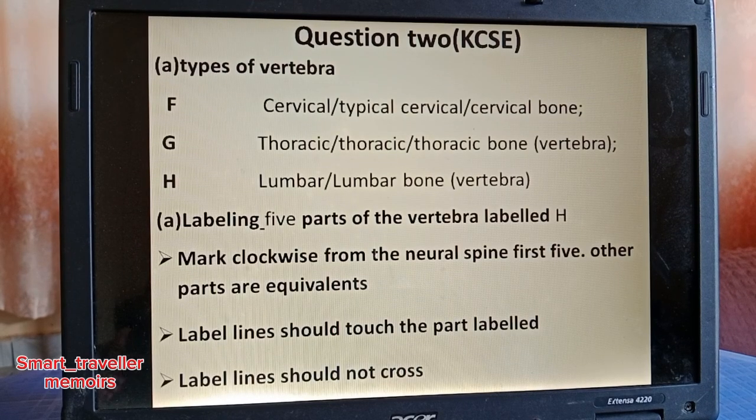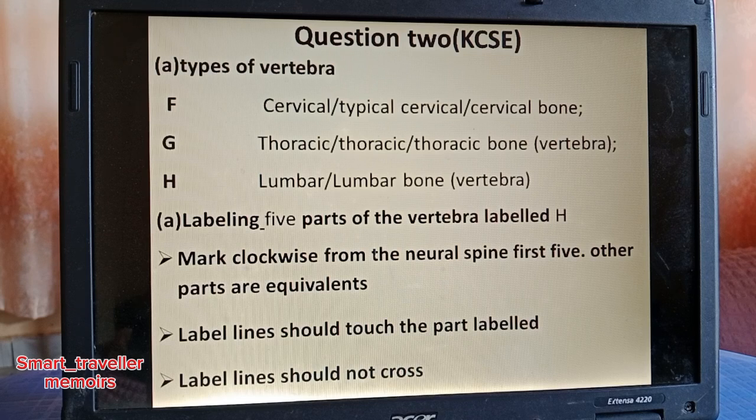Let's go to question 2. The types of vertebrae are cervical, F, G, thoracic, H, lumbar. You label 5 parts on the vertebrae H, and the marking was done clockwise from the neural spine first 5.